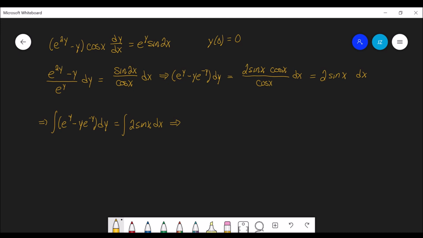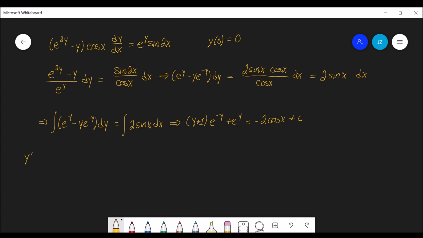So this becomes (y plus 1) e to the minus y plus e to the y is equal to negative 2 cosine x plus a constant.